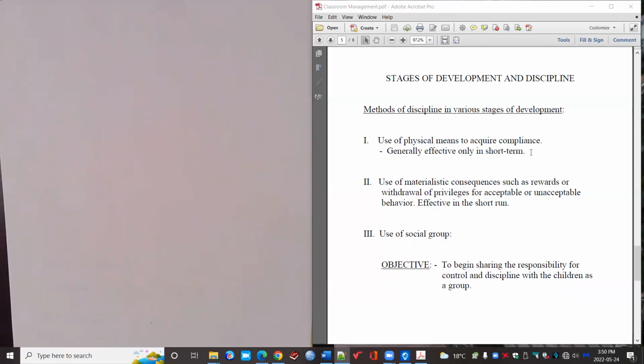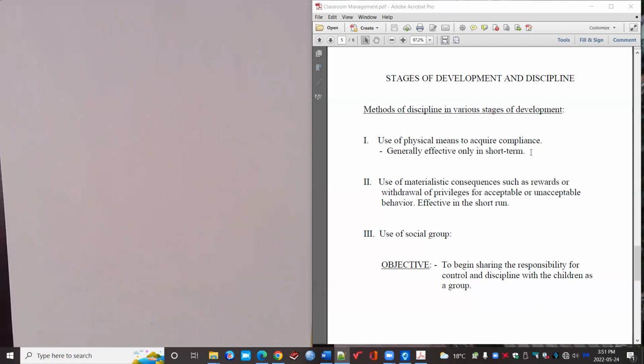And remember, we have Piaget's stages of intellectual growth. We have Erikson's psychosocial growth and personal growth. And of course, you have Kohlberg's theory, and of course Freud's sexual growth.